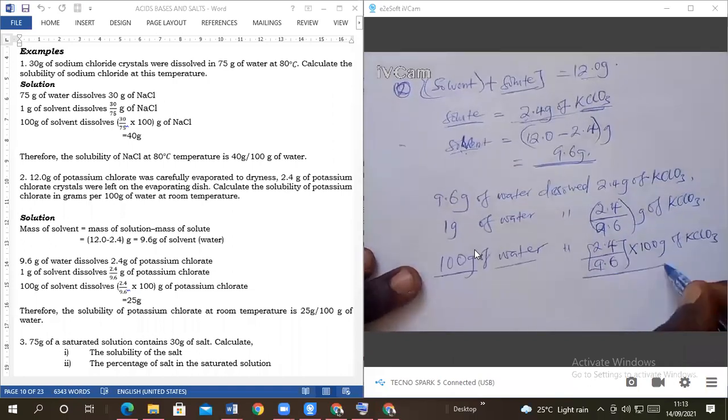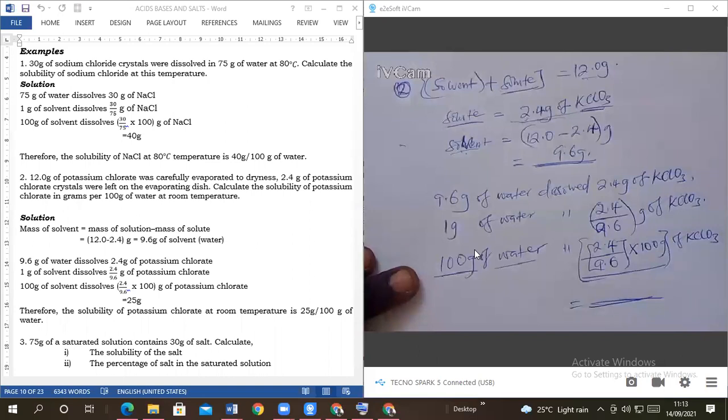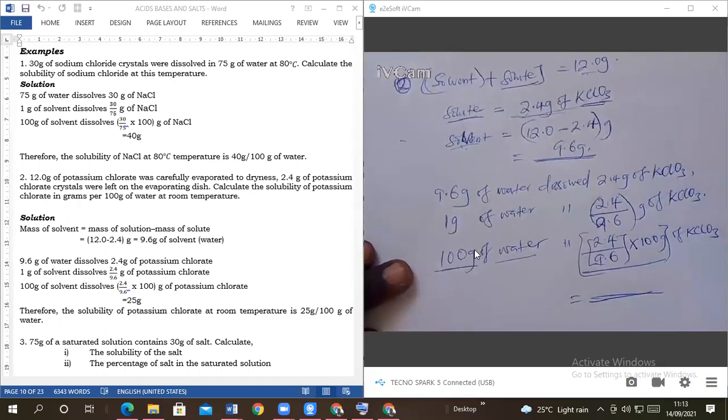If you substitute this in a calculator, what is the answer you get? Esther, what is the answer?